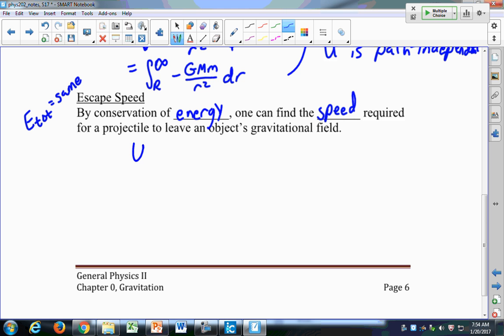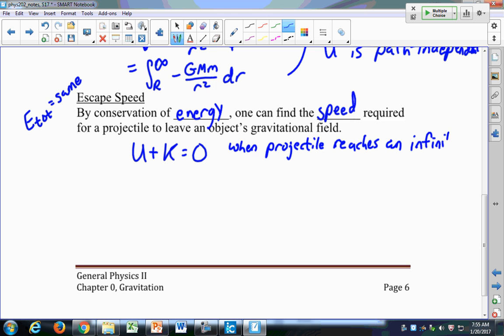So we say that U plus K is equal to 0. We sort of start with that idea. And what I'm saying there is that when a projectile reaches an infinite height, it's not really going to infinity, but when it gets so far away from the planet that it's trying to escape from, that it's like the planet doesn't even really have any hold on it anymore.